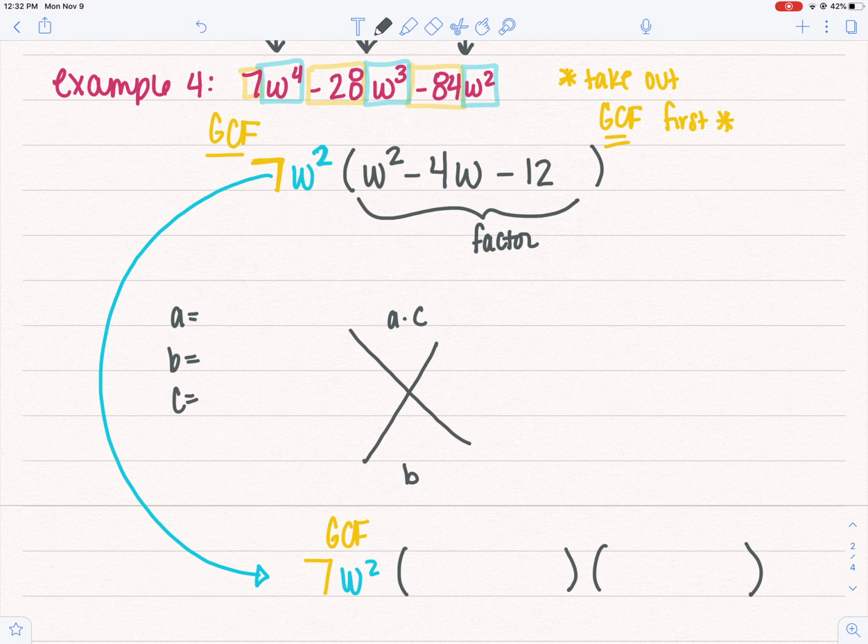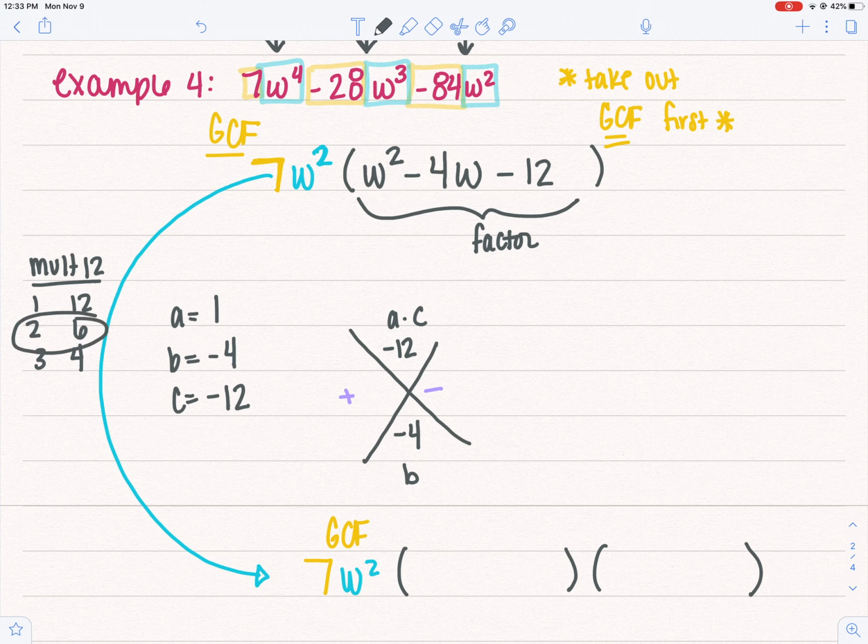So I've got A, B, and C. A is in front of w squared, which is 1. B is in front of w, negative 4, and C is the constant, negative 12. So I'm going to have A times C on top, B on the bottom. Because A times C is negative, that means my signs are going to be opposite. So I'm listing off everything that multiplies to 12: 1 and 12, 2 and 6, and 3 and 4. Which two of those will get me to a 4?